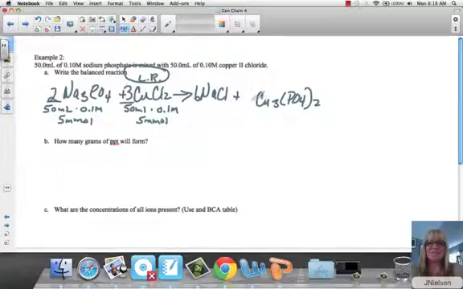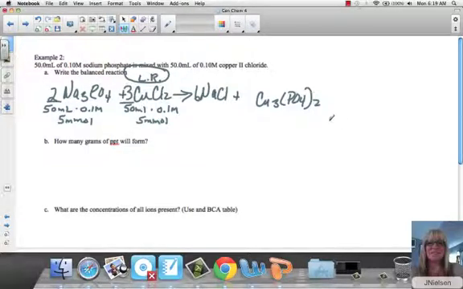So let's figure out, they're asking us how many grams of precipitate will form. Well, we need to know how many millimoles we're going to have, and then they're going to ask us the concentrations of all the ions present. So they're going to want us to use the before change after table.